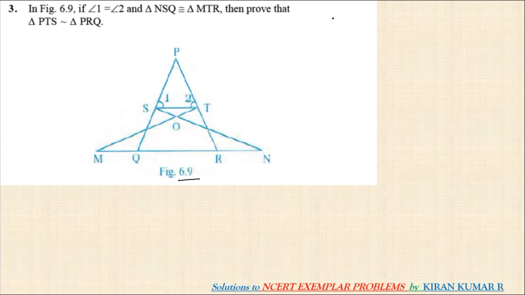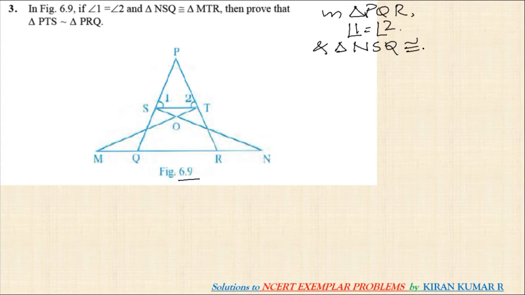Since in the given triangle PQR, point S is on PQ and T is on PR. They have given angle 1 equal to angle 2, and they have also given that the triangle NSQ is congruent to the triangle MTR.